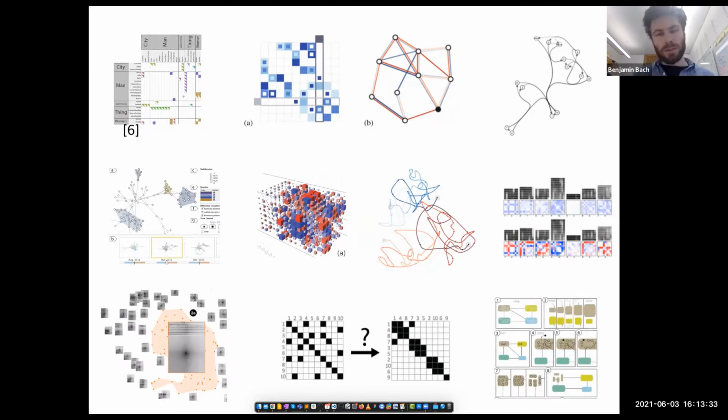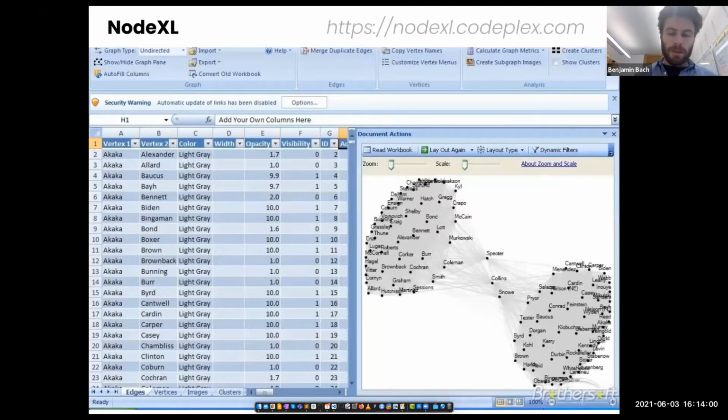And even though these ones don't look like networks, they're very powerful, empirically investigated representations for networks that can help you solve tasks, understand your network, find clusters, understand temporal change, understand geographic representation, understand different weights of links, and so on and so on. And there are tools out there that can support you as an analyst or domain expert in understanding these networks.